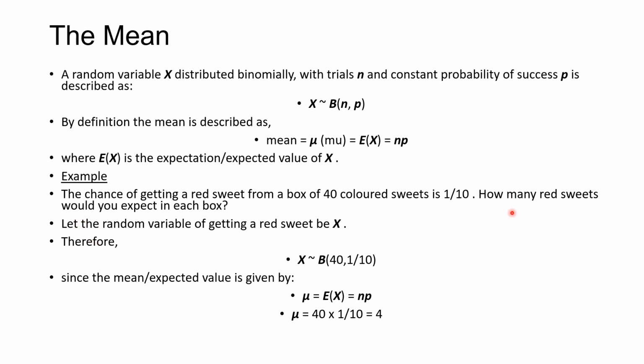You are expected to calculate how many red sweets you expect to get in each box. Very simple. Expectation is mean, so the formula is expectation is NP, where N is 40 and P is 1/10, so the expected value here is 4.